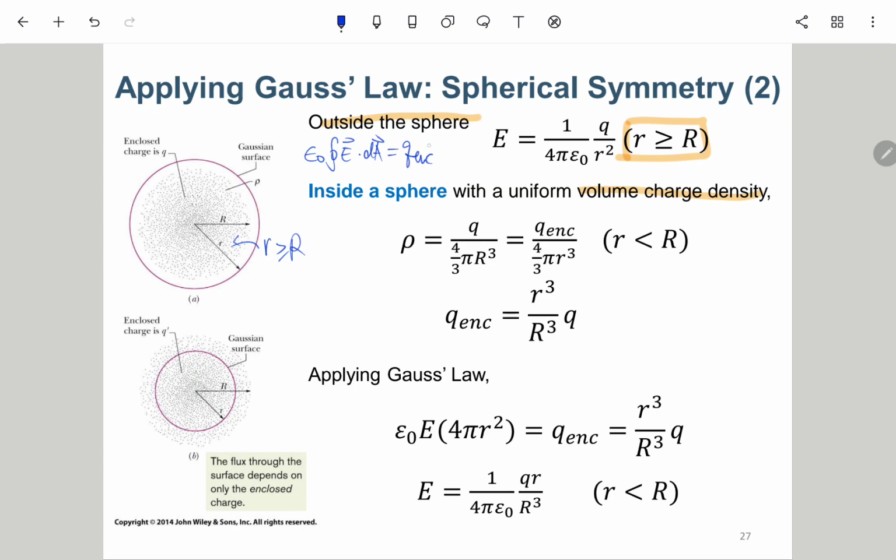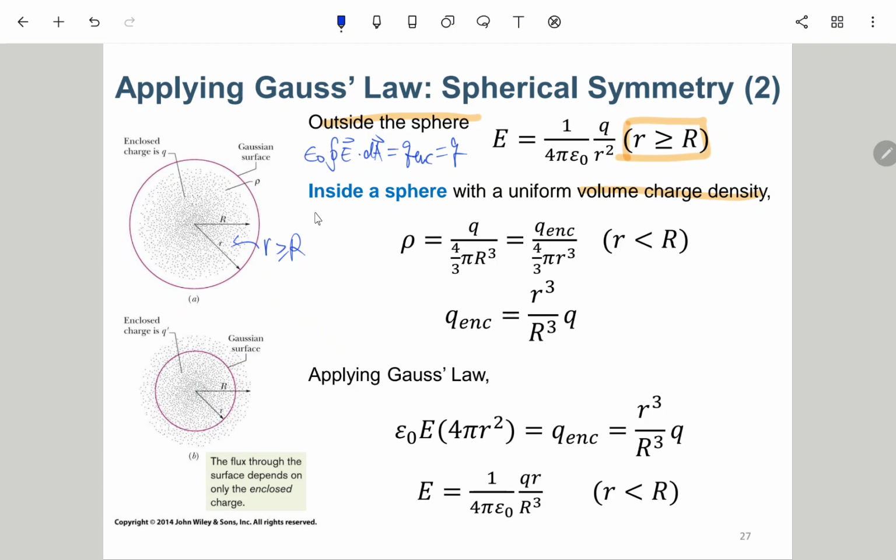Q enclosed is the whole Q, because the sphere is smaller than the Gaussian surface. So this is nothing but Q, and the left side is still epsilon naught times E times 4 pi r squared. Finally we get the same expression for the outside part.